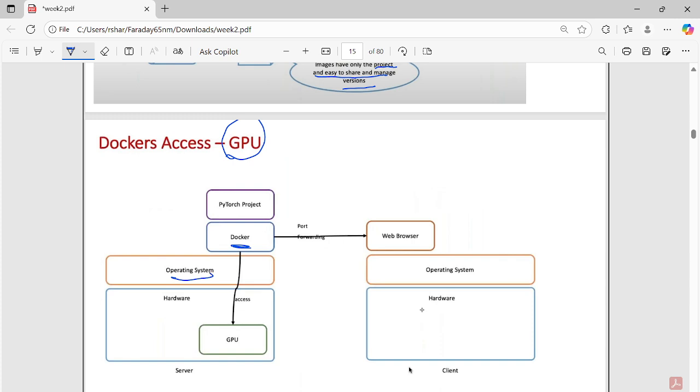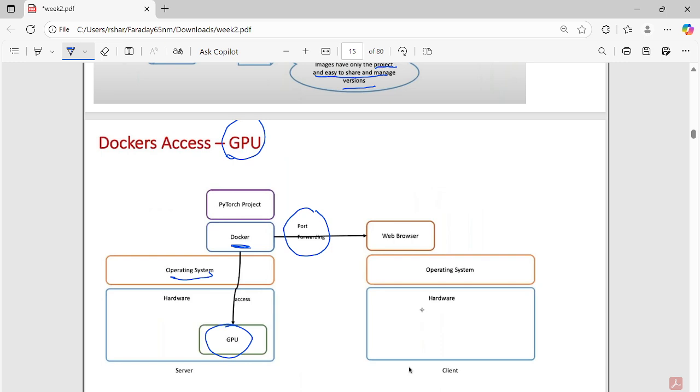The hardware, which has access to the GPU, is reached through port forwarding.